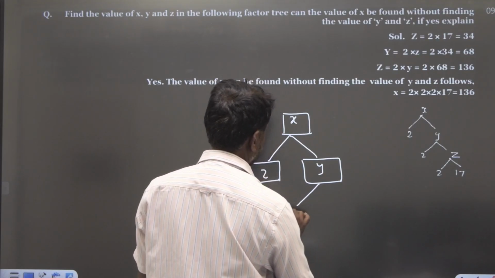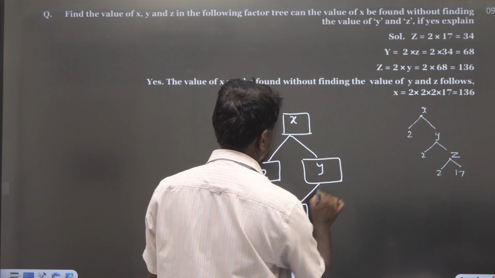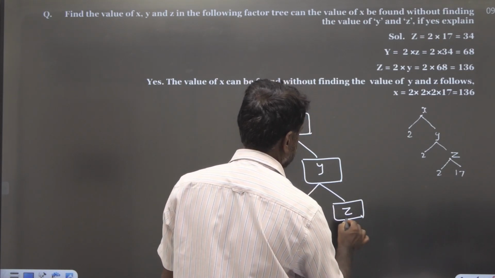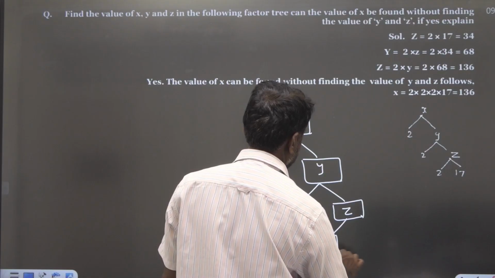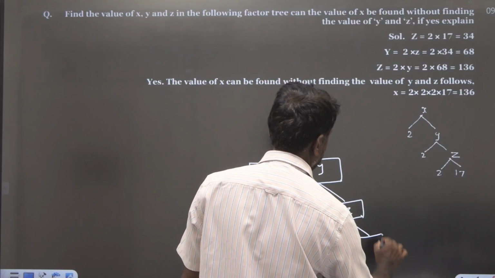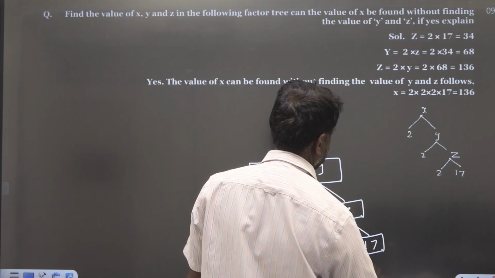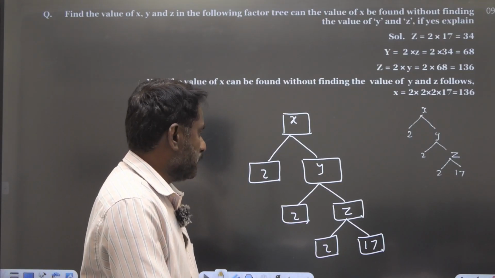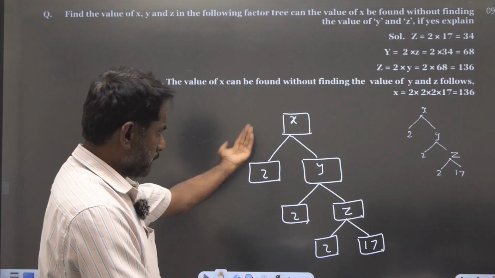From y, again 2 and z, and from z, the factors 2 and 17. We have to find the values of x, y, and z to complete this factor tree.